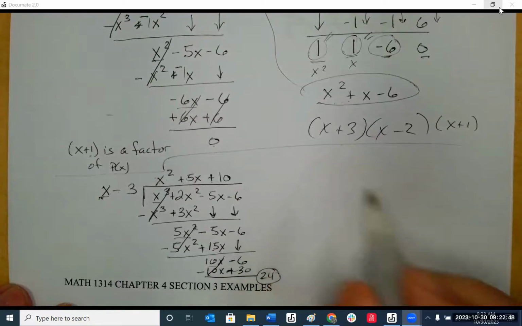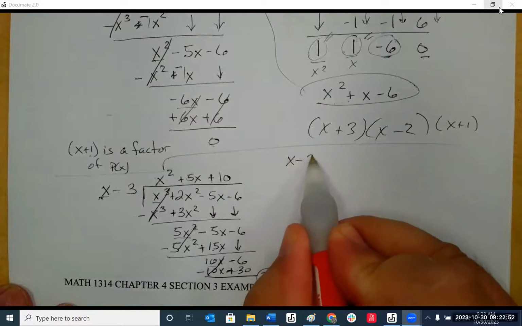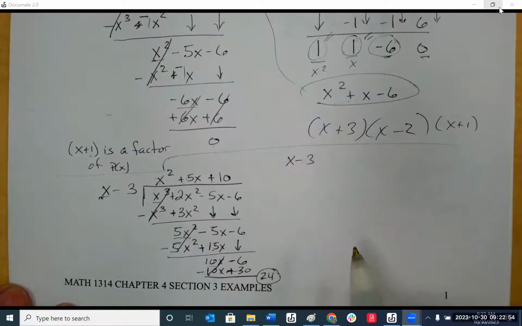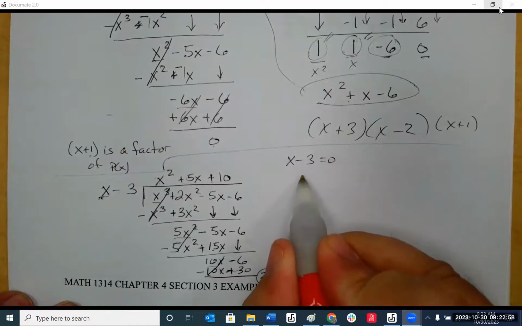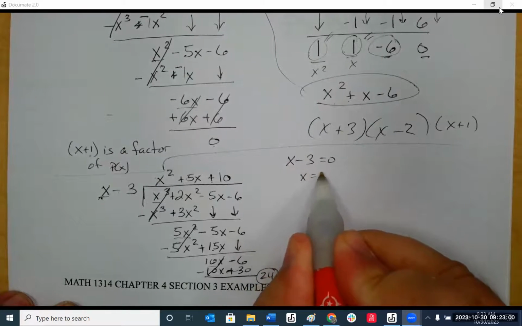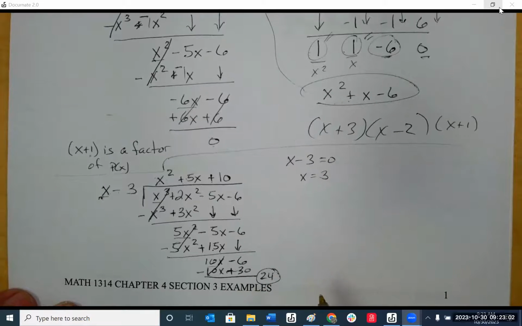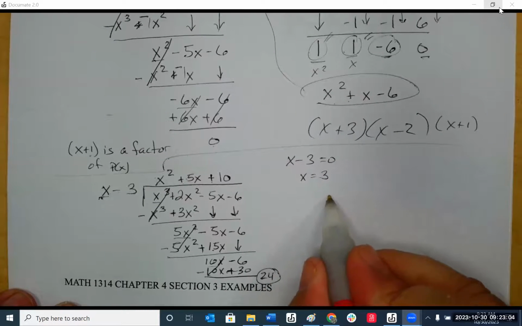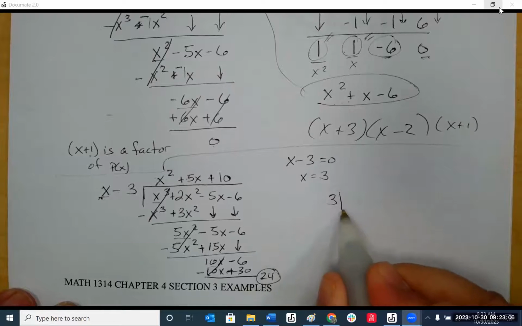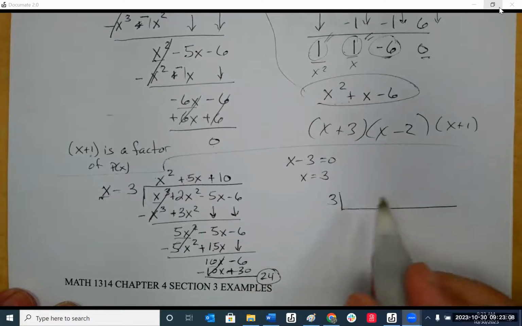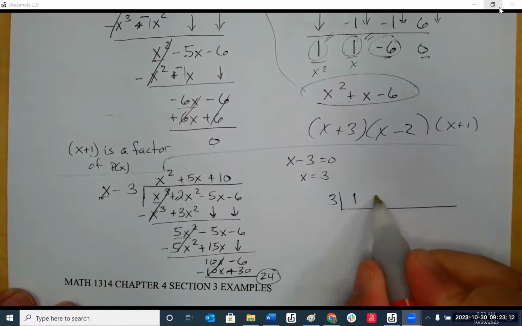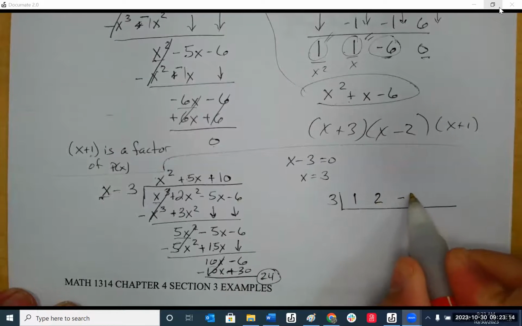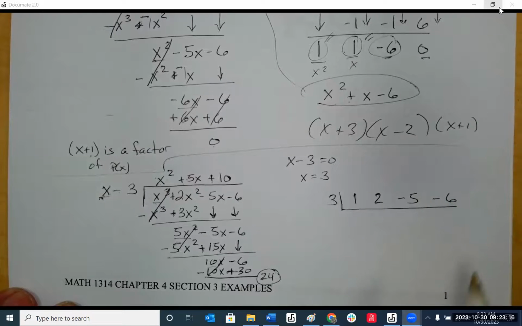All right, so if we use synthetic division for x minus 3, what will you do first? Set that equal to 0. Solve for x. And only put the coefficients here. 1, 2, -5, -6.